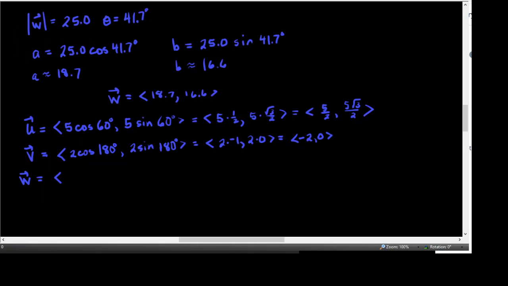All right, for w, the magnitude is 6. The direction angle is 280 degrees. That's not one of those angles that we know how to find nice answers for. So we are going to resort to using our calculators here. And let's round to 4 decimal places.